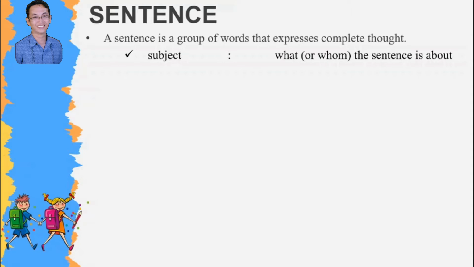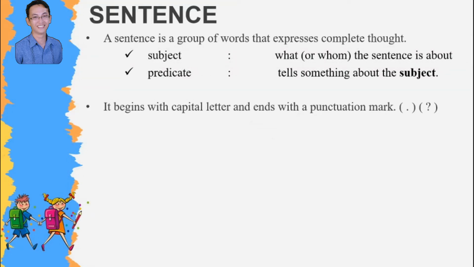And if we have what we call subject, we have also a predicate. A predicate tells something about the subject, what the subject does, or what is happening to our subject. And it is a sentence because it begins with a capital letter and ends with a punctuation mark, either period or question mark.